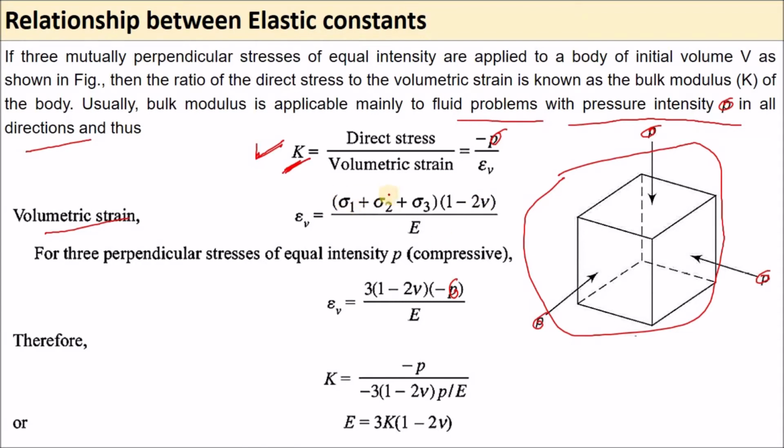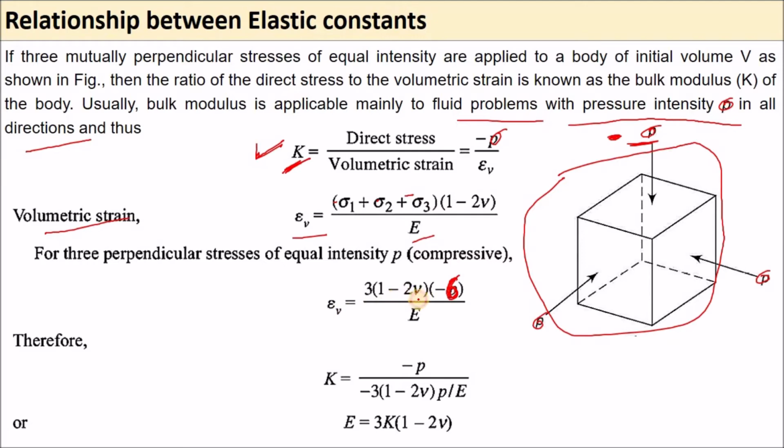If sigma 1 equals sigma 2 equals sigma 3 equals sigma, we can write the formula like this. Here sigma is compressive, so we should take minus sigma when we put it in the formula, 1 minus 2 mu divided by E.